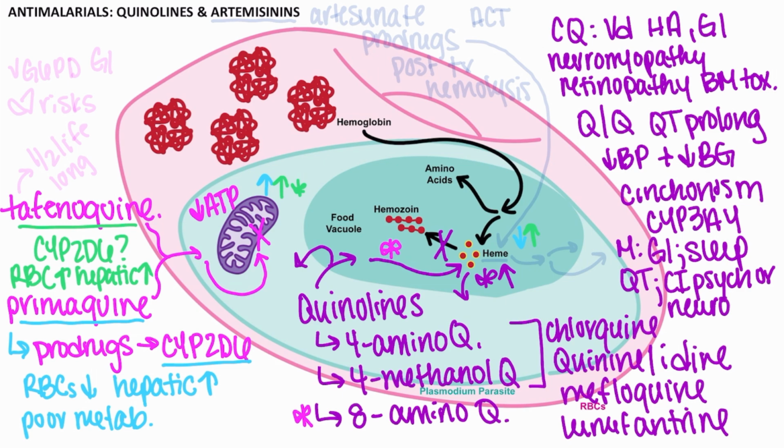Now, besides these mechanistic differences and the fact that tafenoquine has a much longer half-life than primaquine, they are very similar, so checking for glucose-6-phosphate dehydrogenase deficiency, or G6PD deficiency, is going to be essential prior to use due to the risk of hemolytic anemia, and there are dosing adjustment recommendations available for those that are deficient in this enzyme.